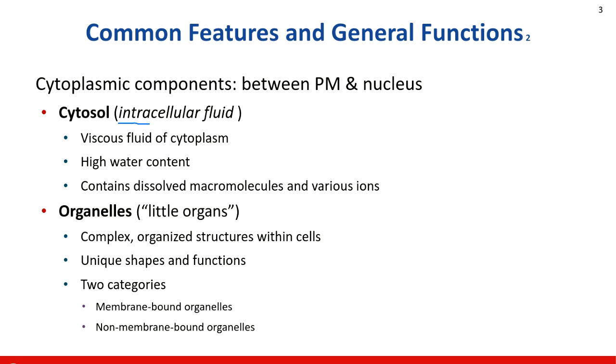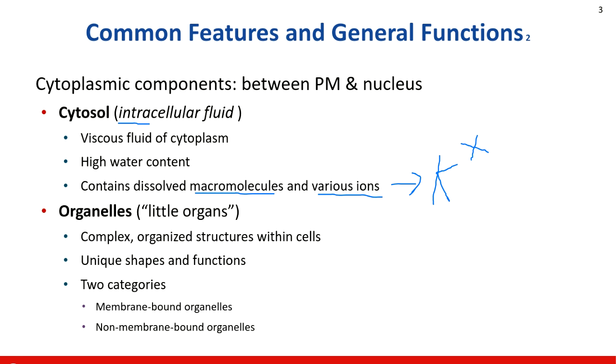And we learned what the macromolecules were: proteins, lipids, not so much lipids because they won't really dissolve, but sugars, and different ions. And that'll come into play later on when we learn about, like, the neurons. You have a high content of potassium inside the cell, okay?